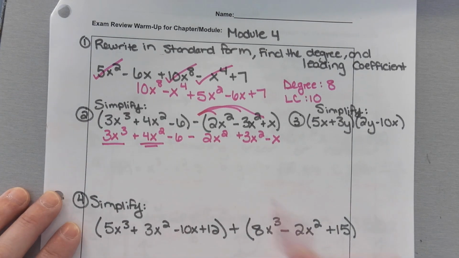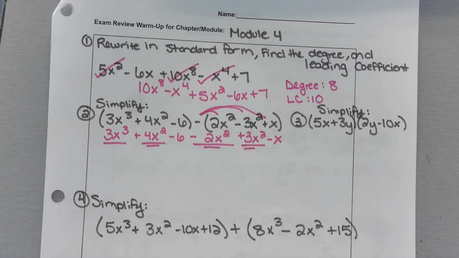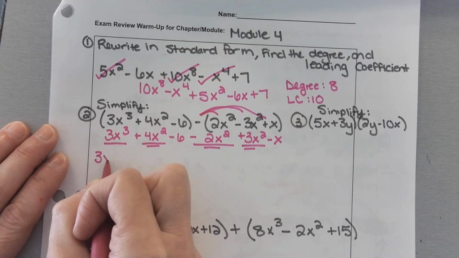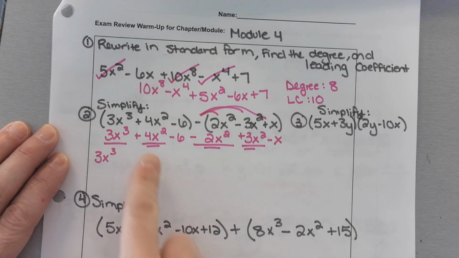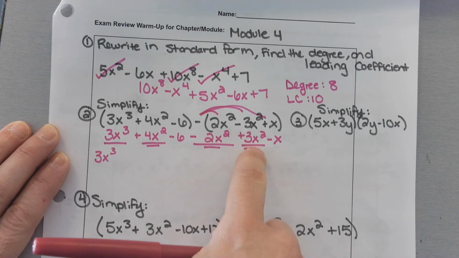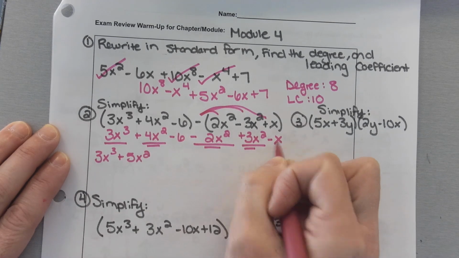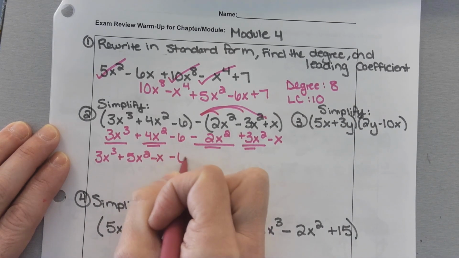Oh, it has 2 like terms. There they are. Does the minus 6 or the minus x have a buddy? No. Okay, here we go. So 3x cubed, nothing to combine with it. 4 take away 2 is 2, plus 3 is 5. So I have 5x squared. I have my minus x still and my minus 6.